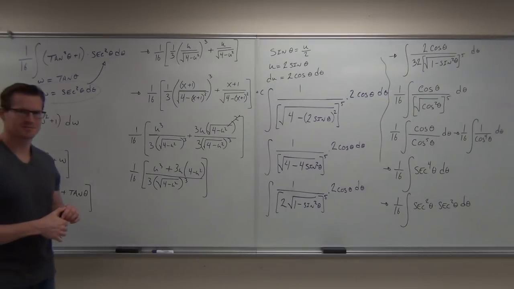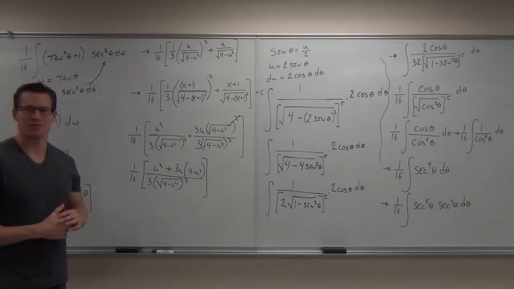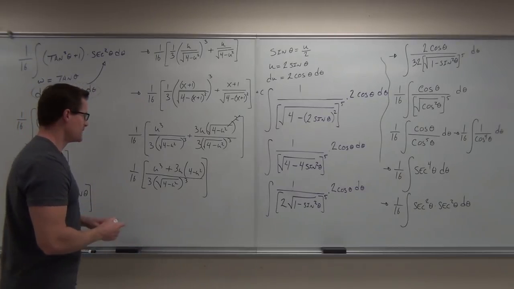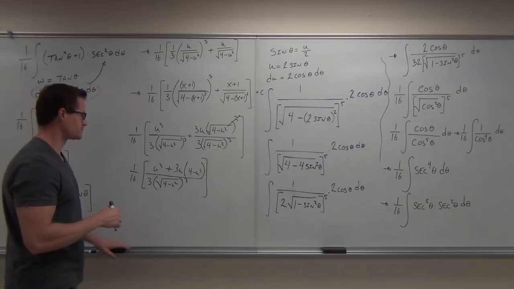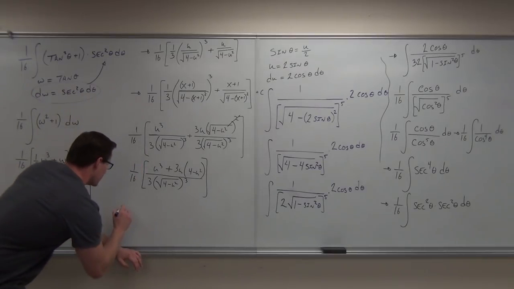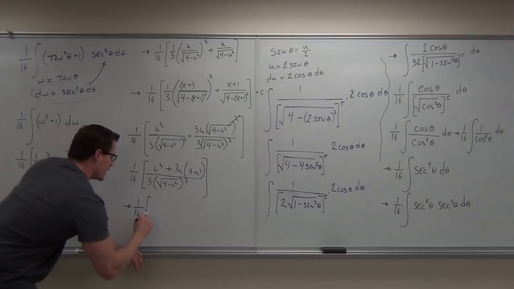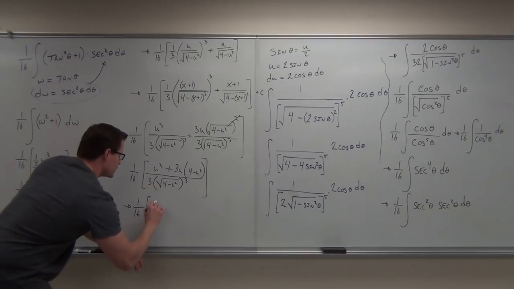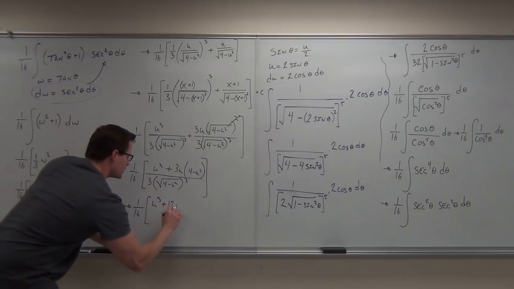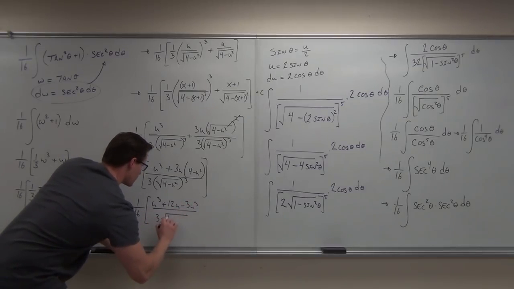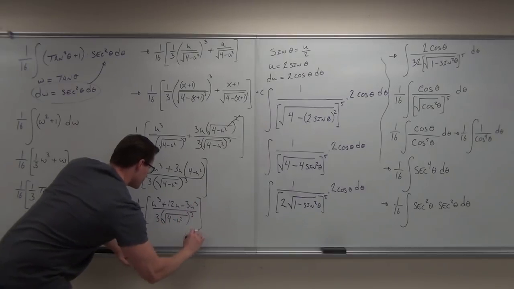You still with me? Catch me if I've made a mistake. Sometimes this happens. It happened to me once, earlier today. After that, 1/16, we'd have a u cubed plus 12u minus 3u to the third over 3 square root of 4 minus u squared to the third.